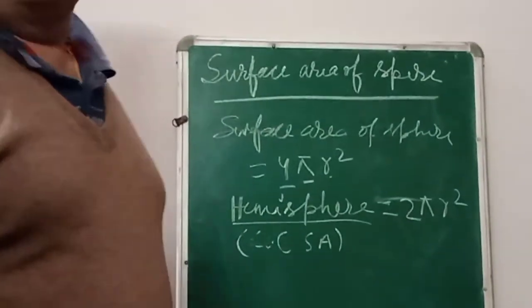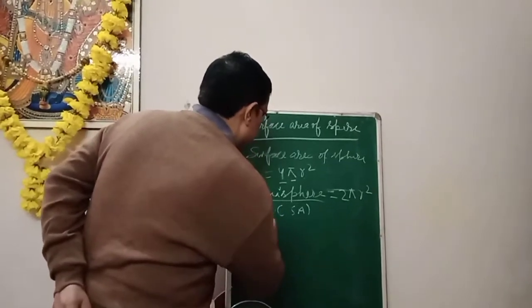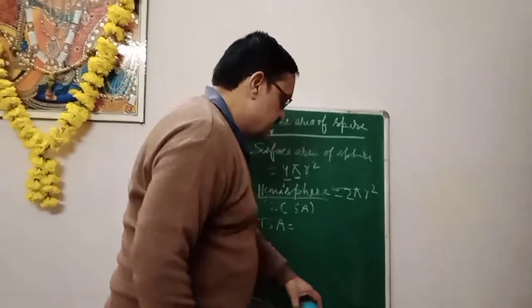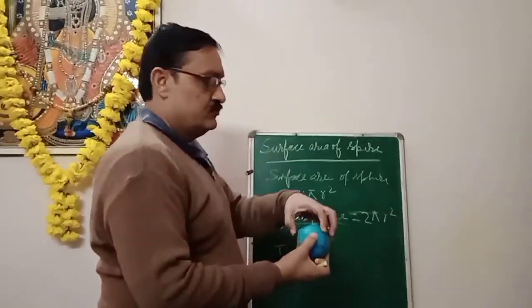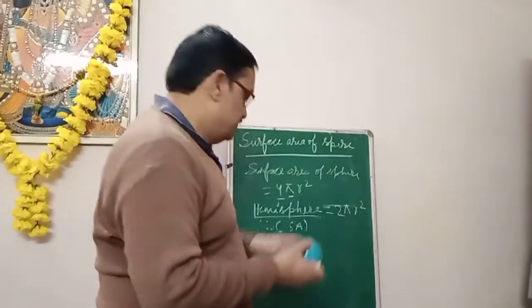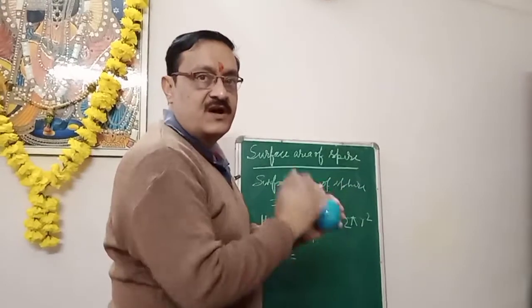And when we want to know the total surface area of the hemisphere, then the half portion would have the curved surface, and this part will be a circle.